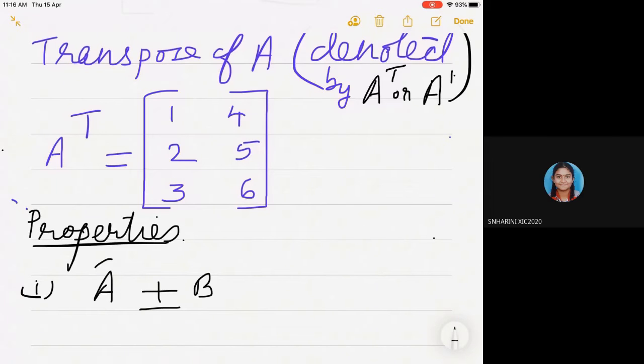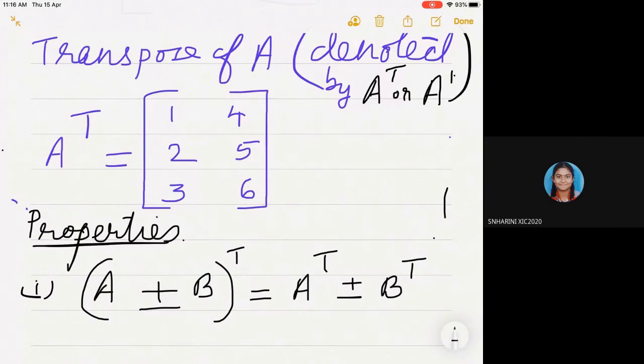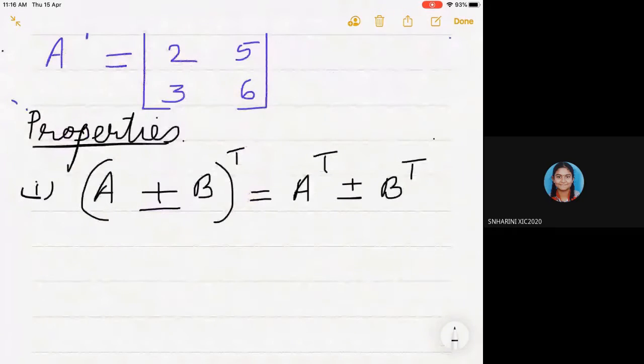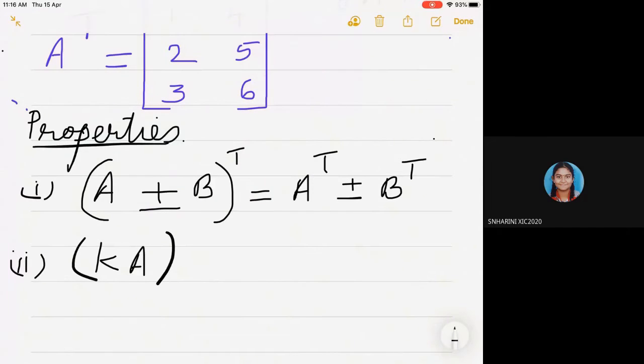If you add two matrices, subtract two matrices and take the transpose, it is also same as A transpose plus or minus B transpose. Second property is for matrix multiplication with the scalar. kA is the scalar multiplication, and if you take the transpose of that, it is the same as k into A transpose.